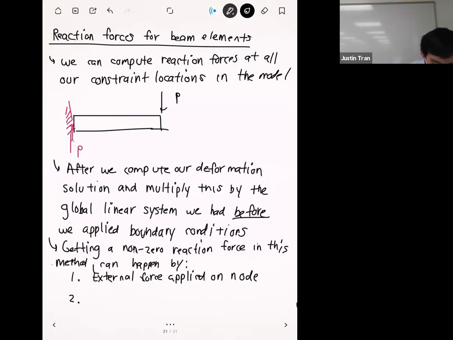All right. And so the other way that a non-zero reaction force can occur is if that node's degree of freedom, or that degree of freedom in particular, is constrained by a support.